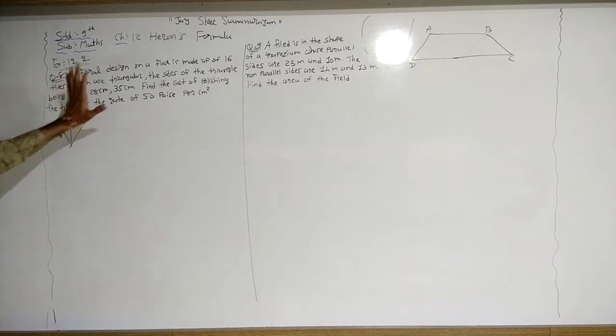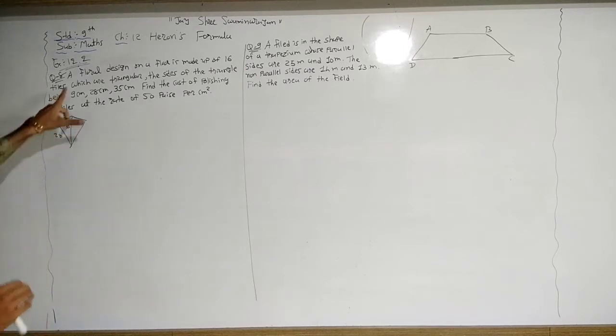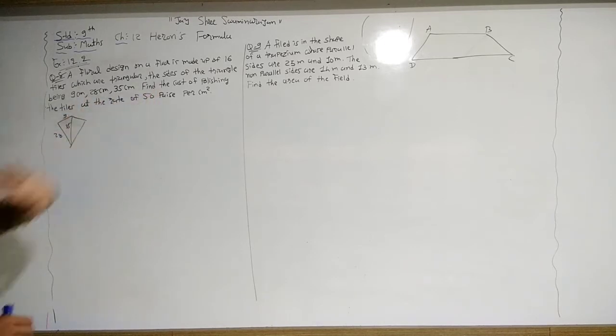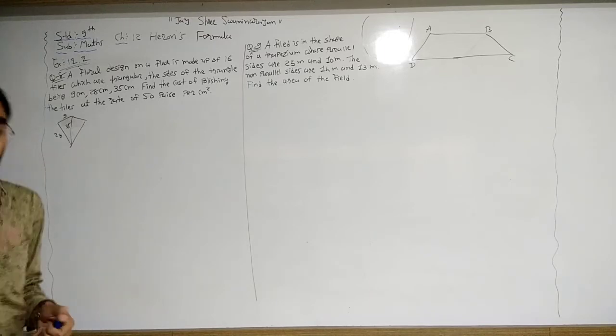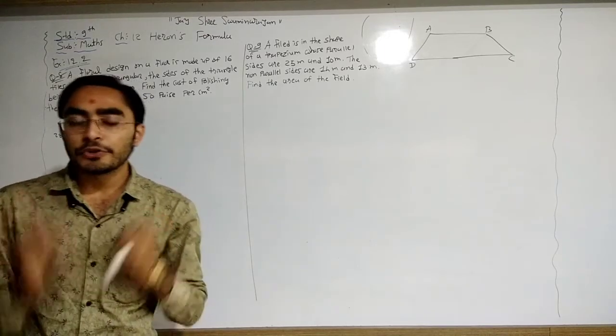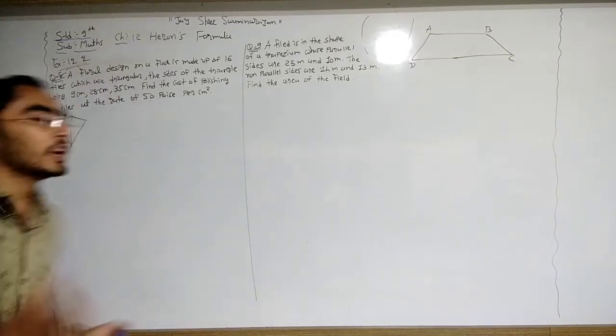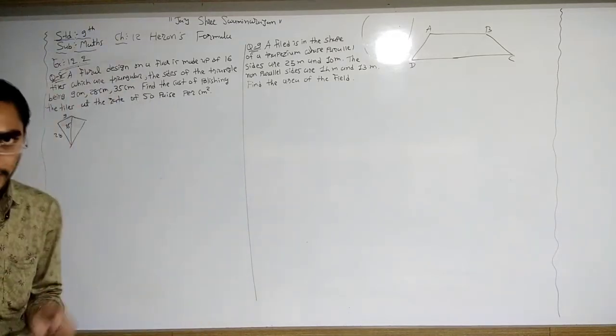Okay, a floral design on a floor is made up of 16 tiles. So the total number of tiles is equal to 16, which have a triangular shape, and the sides of the triangle are given. Find the cost of polishing at the rate of 50 paisa per centimeter square. So here, first of all, we need to find the area of 16 tiles. For that, first find the area of one triangle.